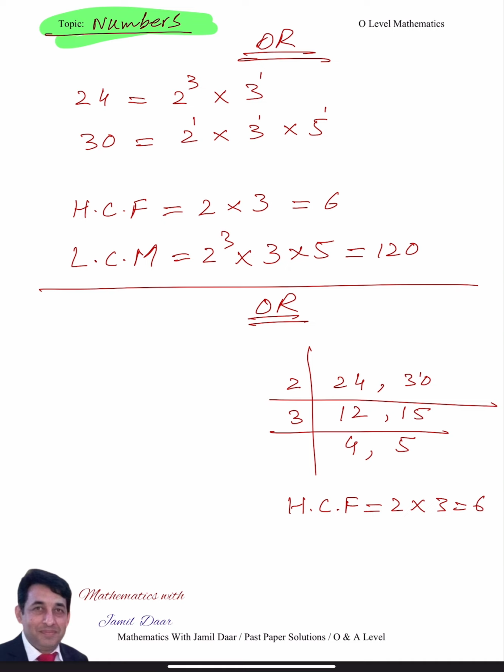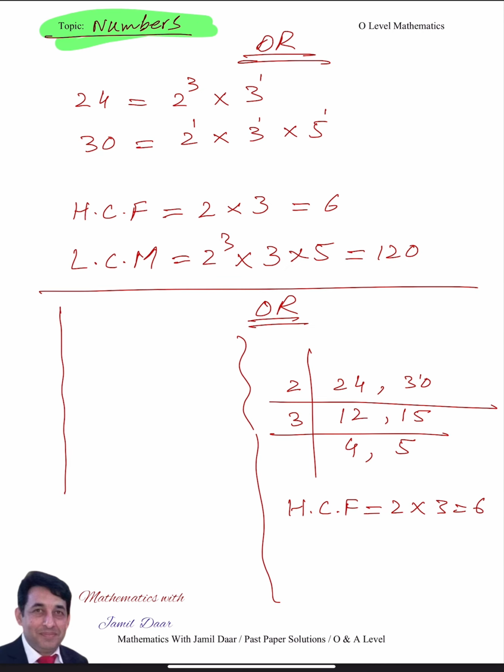For LCM, they use the same method with 24 and 30, and we start dividing by the first number.